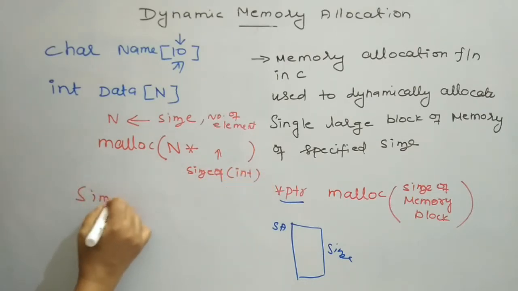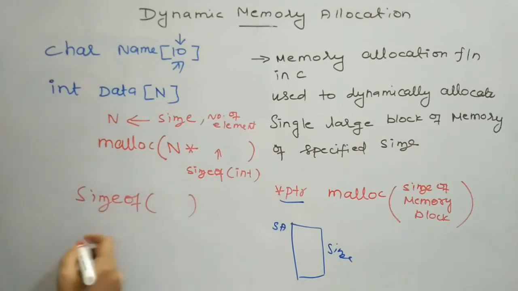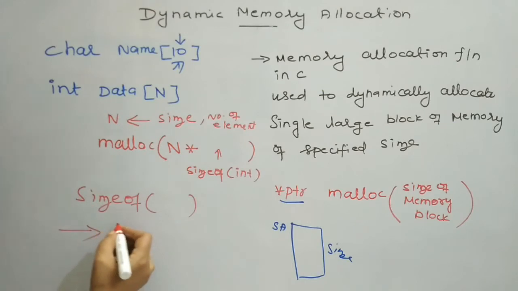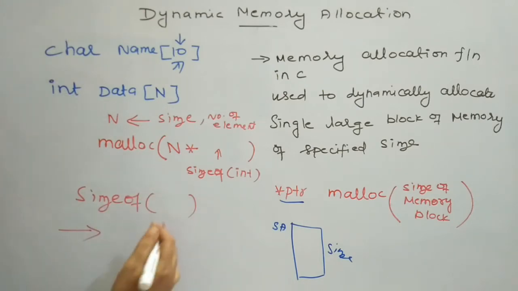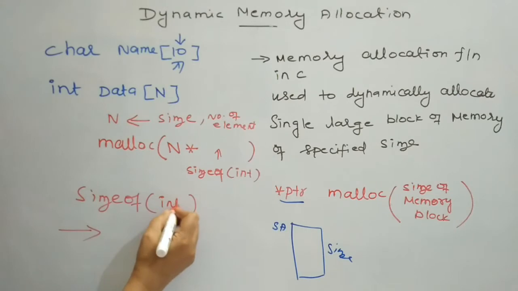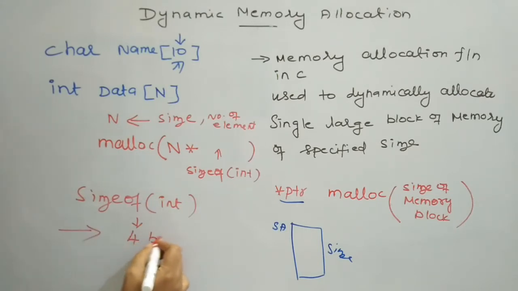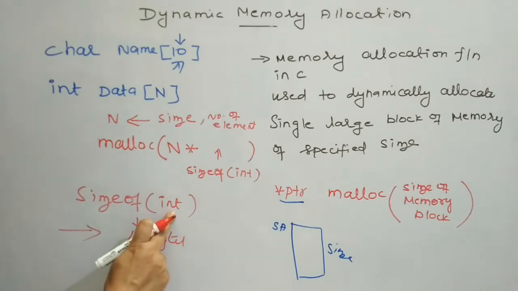Basically, what is this sizeof function? The sizeof function returns the number of memory addresses used to store a built-in data type or a user-defined data type. For example, if I specify data type int, the sizeof function will return 4 bytes, that is, 4 bytes are used to store an integer value.